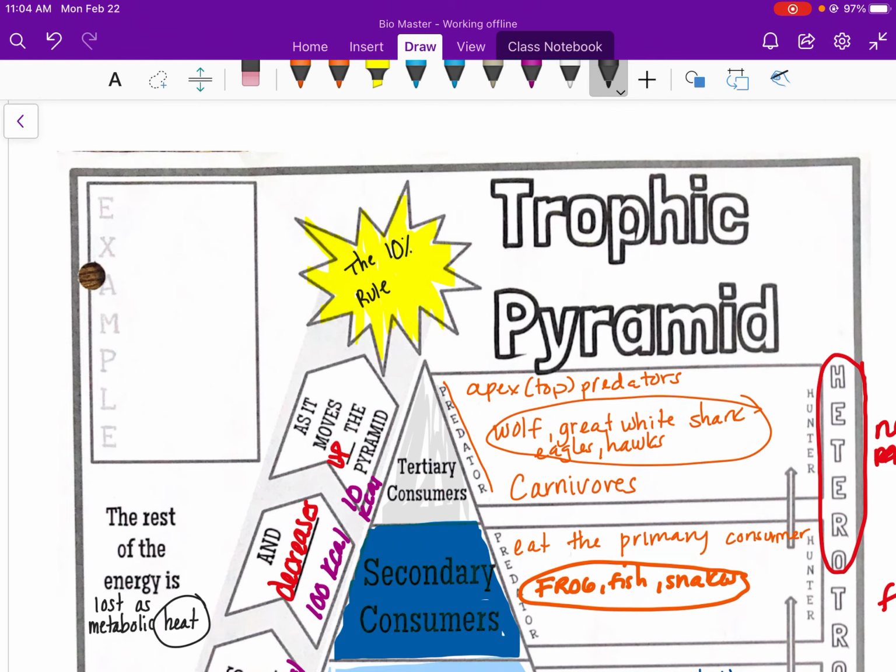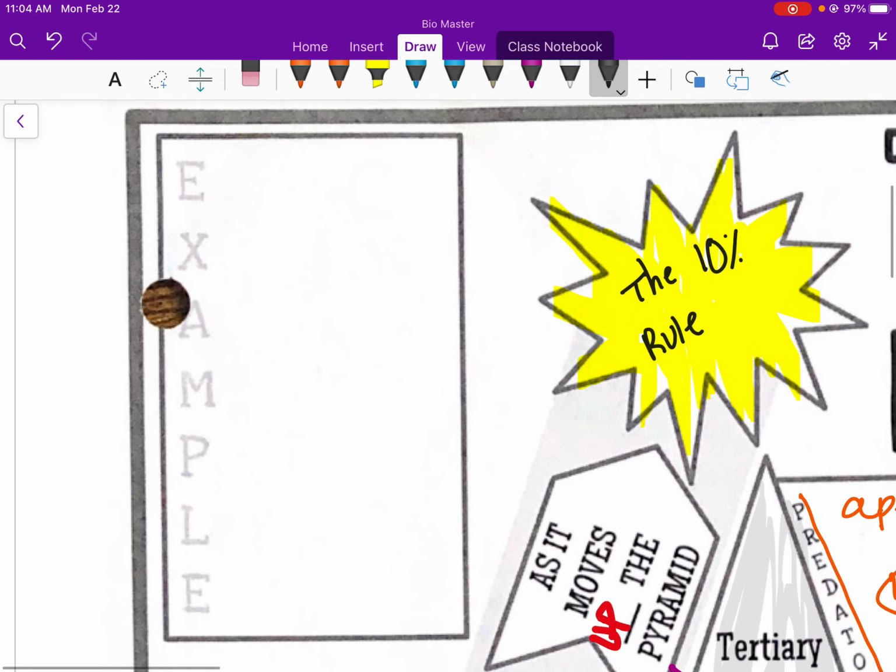So up here I'm going to put an example of a food chain. And remember, the key here is that the arrows show the flow of energy, not who eats who. So, for example, I might have grass. Grass is my primary producer. Again, the arrow shows the energy flow.